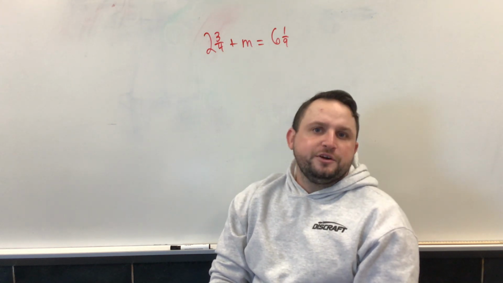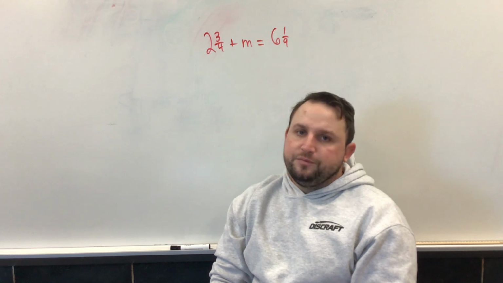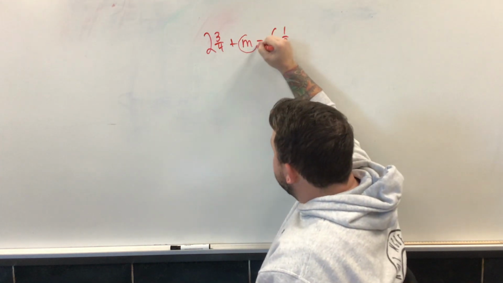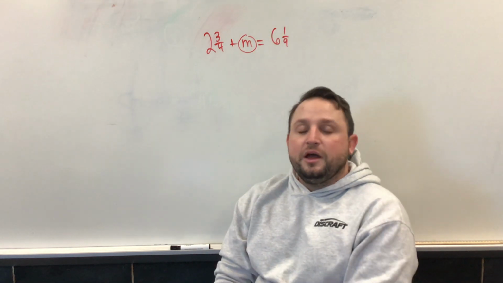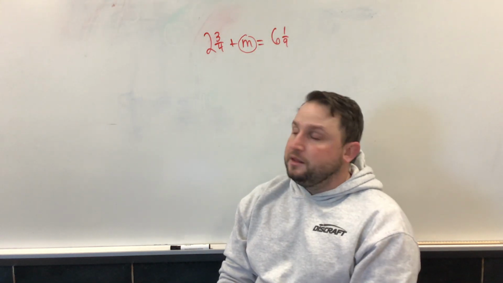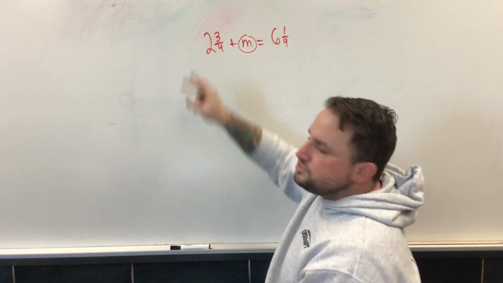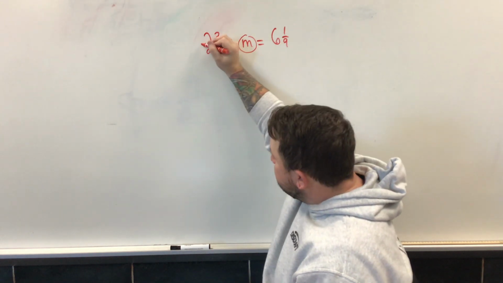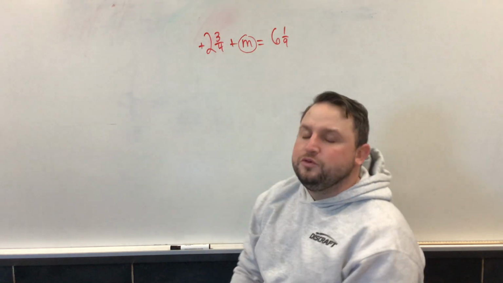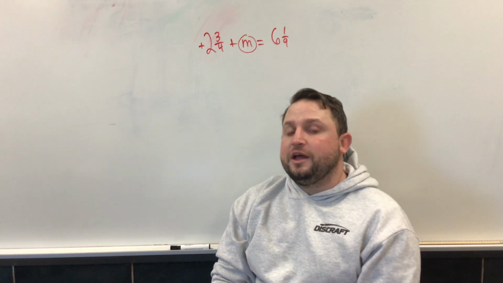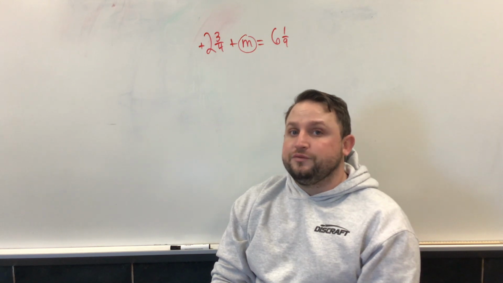What is the first step when we are solving algebra in anything that we do? I'm hoping that you're able to tell me that it is going to be isolating this variable. Well, how are we going to isolate this variable right here? This plus sign tells me something, but since there's no sign out front of this 2 and 3/4, we know that that's a positive 2 and 3/4. In order to isolate that m, we have to get rid of that 2 and 3/4.